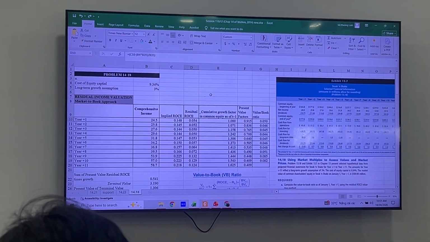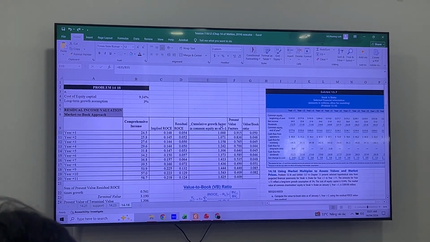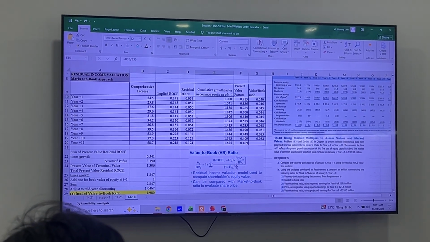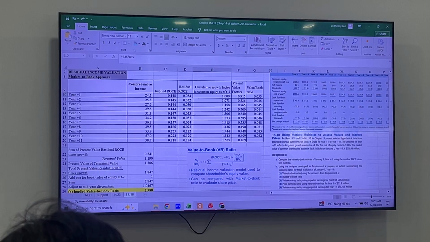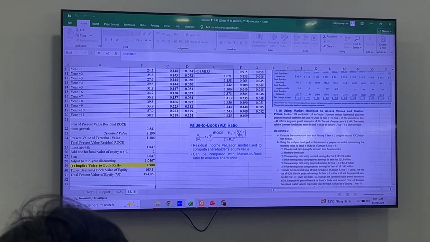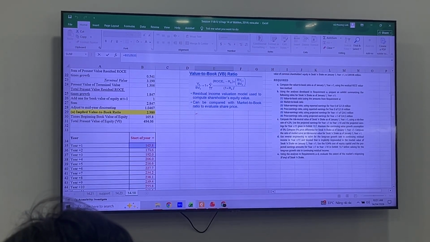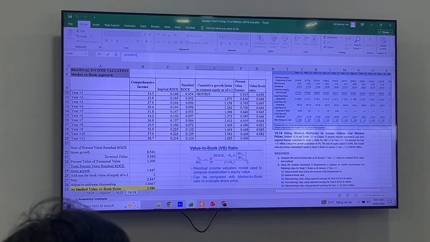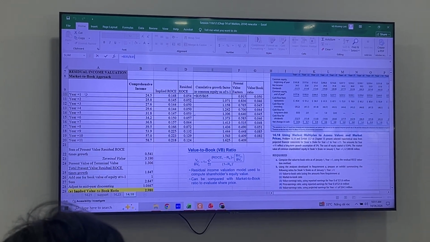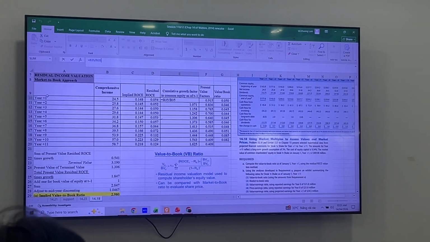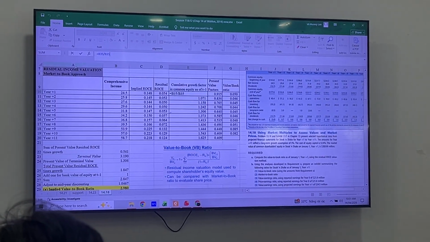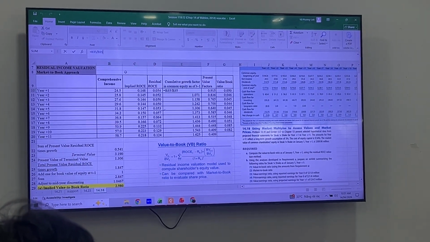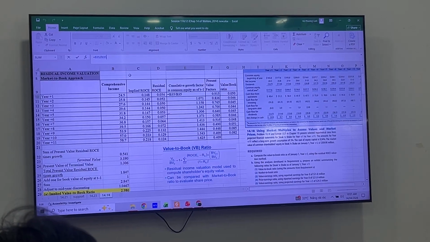And after that, we compute the cumulative growth, which is this component. Cumulative growth, okay, equals the book value of equity beginning over the BB0. Here, because I'm doing estimation for the current year, the BB0 would be similarly the BBT plus 1 beginning.